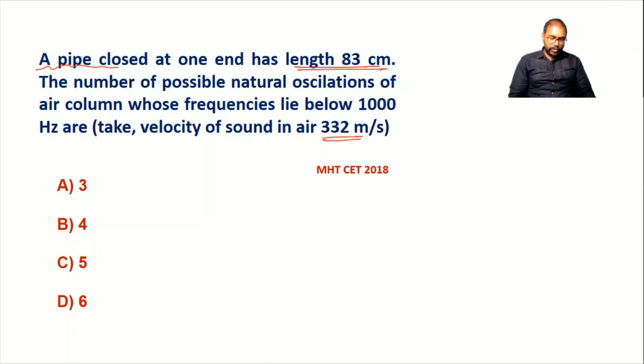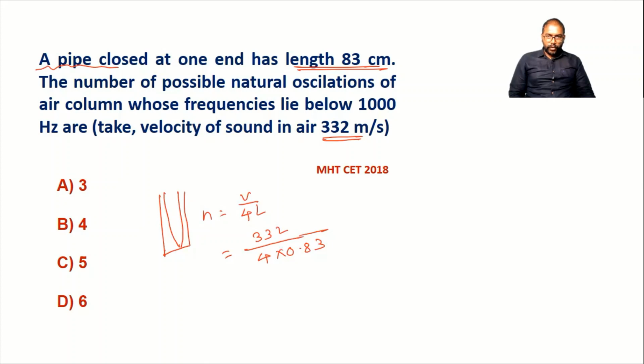If the pipe is closed at one end, then fundamental frequency is given by the formula V upon 4L. Now V is 332 divided by 4 into L, where L is 83 centimeters, so 83 into 10 raised to minus 2 meter. So I can write here 0.83 meter.